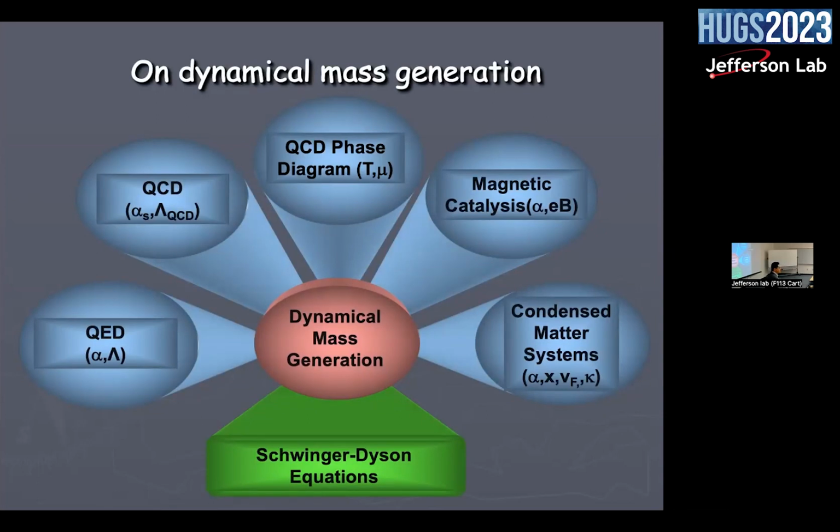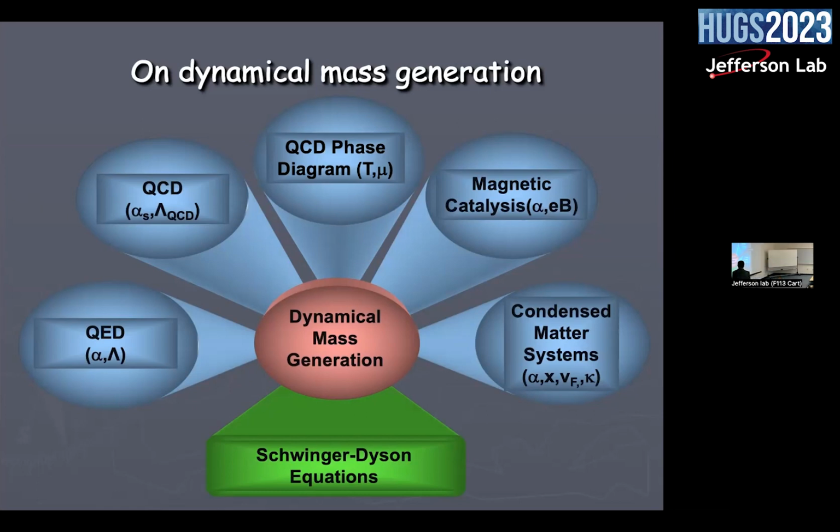What happens in QCD? You see that in QCD, the interaction is strong and it generates a mass scale which is called lambda QCD, which many people knew. And your fermions have masses, and those are dependent upon this lambda QCD.